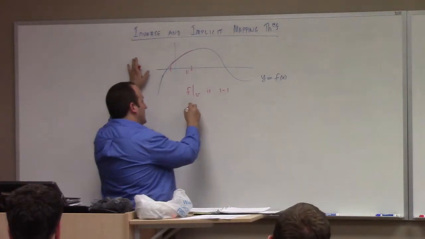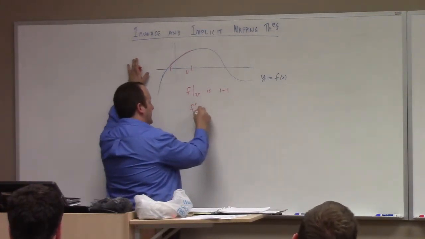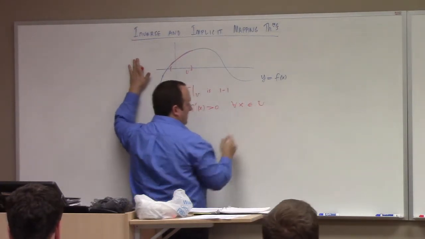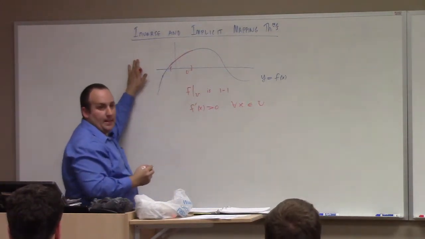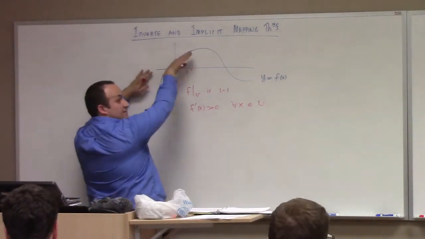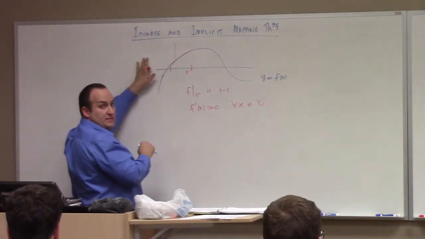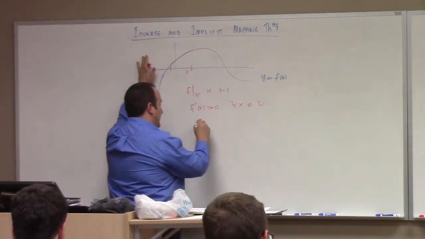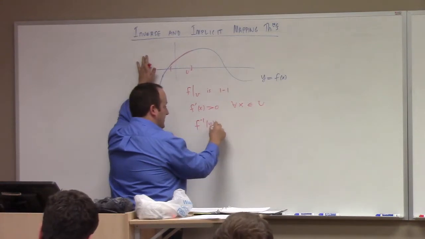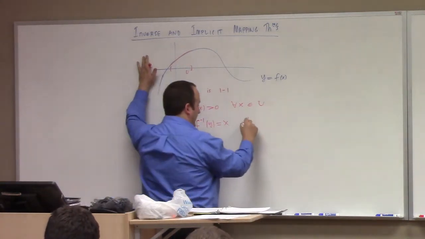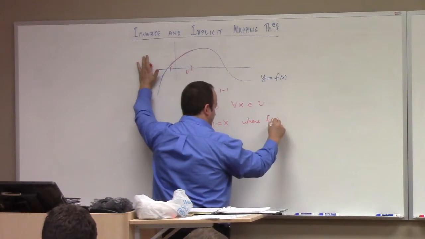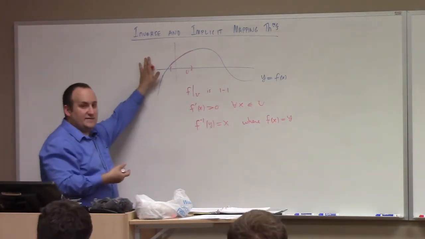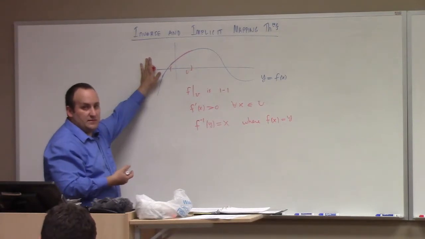Because there I have f prime of x is greater than 0 for all x in U, don't I? I mean, the function's increasing right there. And so there, if I say f inverse of y is equal to x, where f of x is equal to y, that actually defines the inverse function uniquely, right?